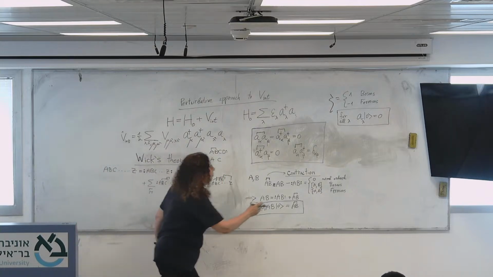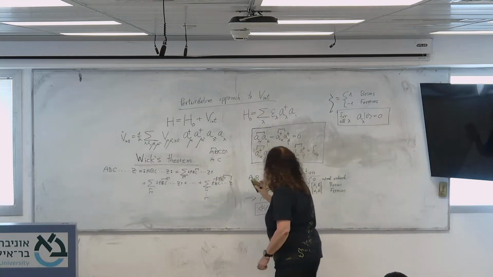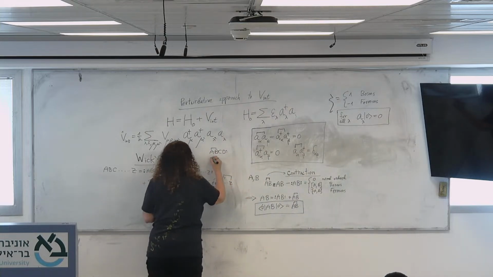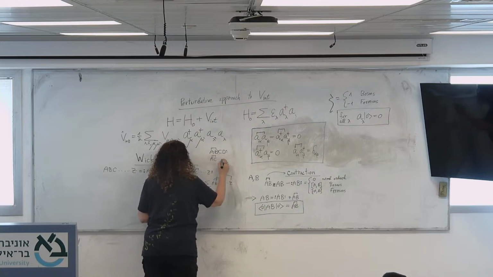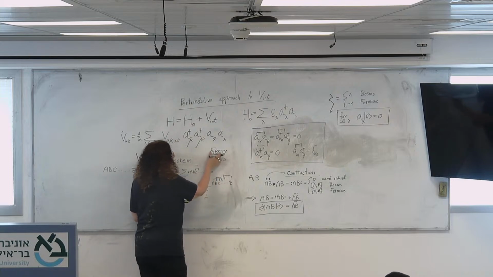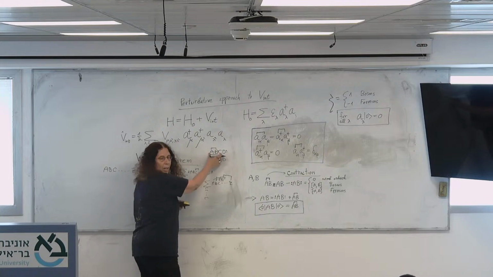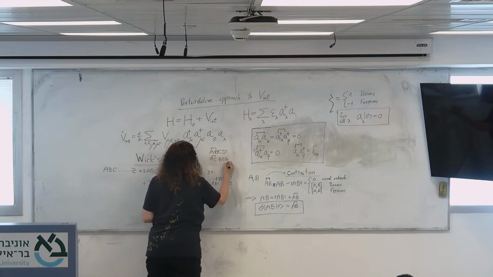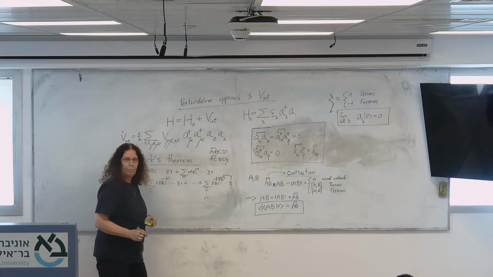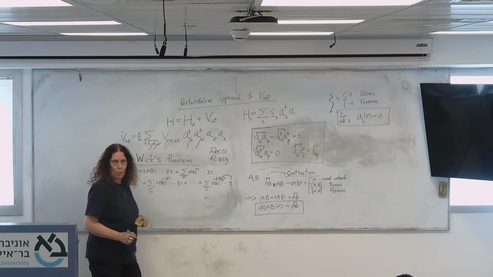I can contract A and C, and then I will be remaining with B and D, but notice that in order to contract A and C, I had to reshuffle the C over here, and then I pick up a factor of zeta.